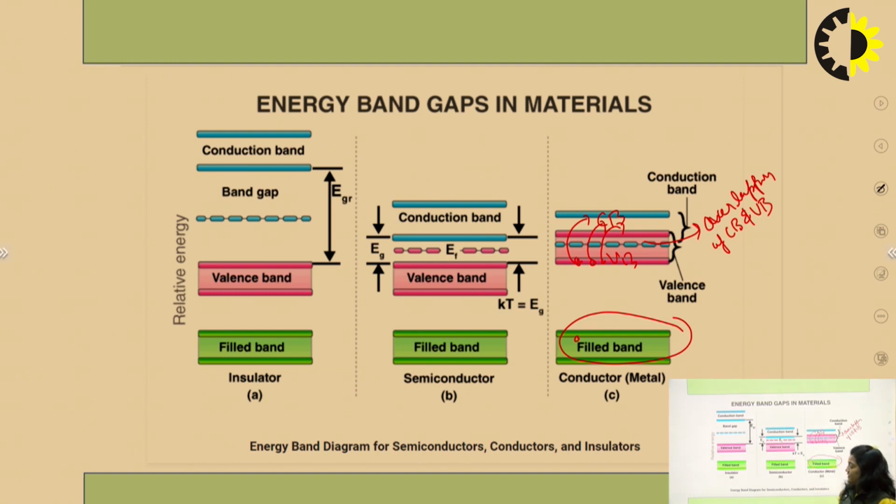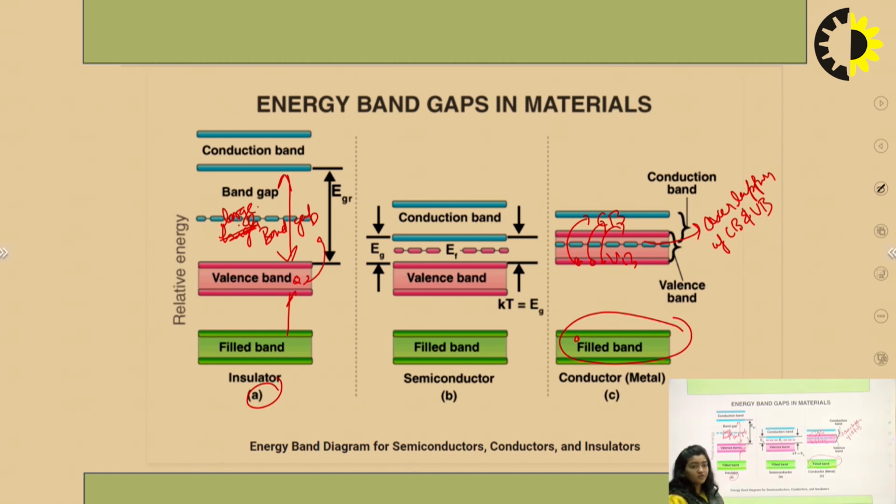Then we come to the insulators. Now insulators have a very large band gap between the conduction band and the valence band. The band gap is so large that no amount of energy or external force will be capable of taking the electron from the valence band to the conduction band.